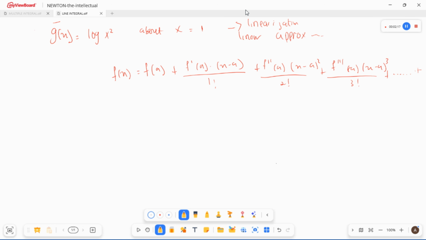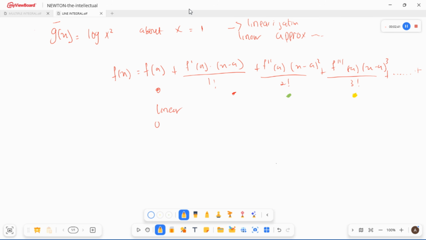Whenever they give you a question on linear approximation, you take just this first term and this second term, right? But if it comes to quadratic approximation, you are going to stop here, and if it comes to cubic approximation, you're going to stop at this fourth term. Let me just write that somewhere.